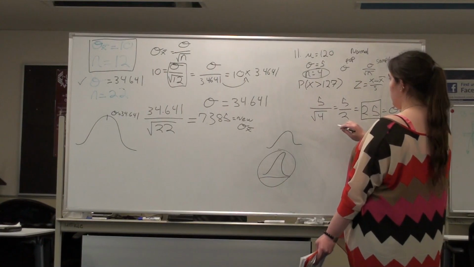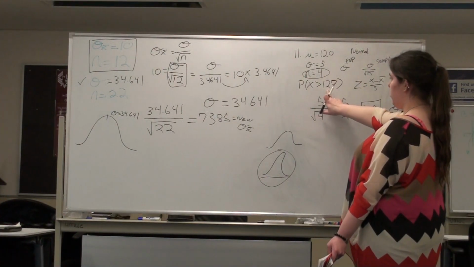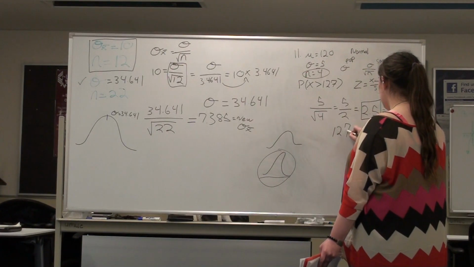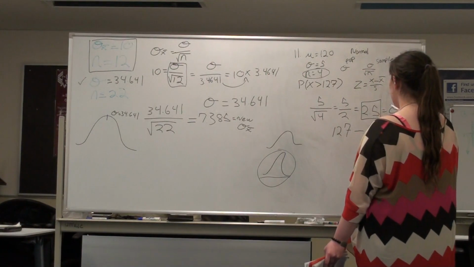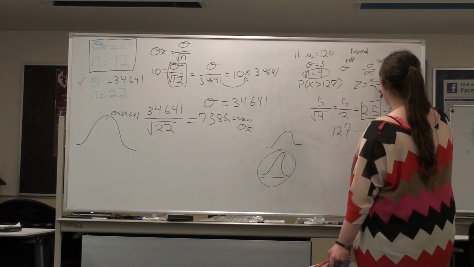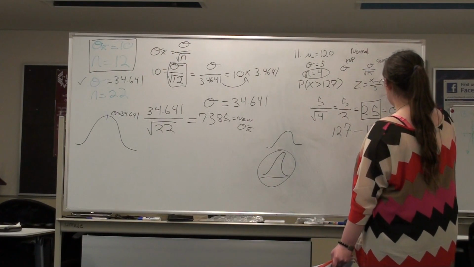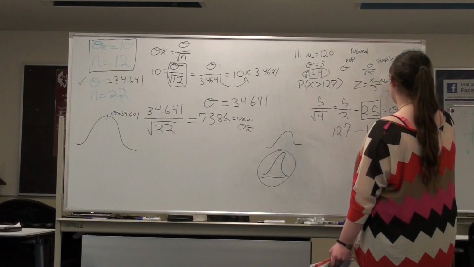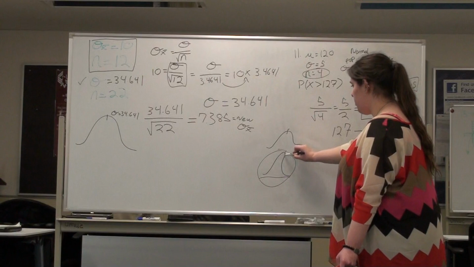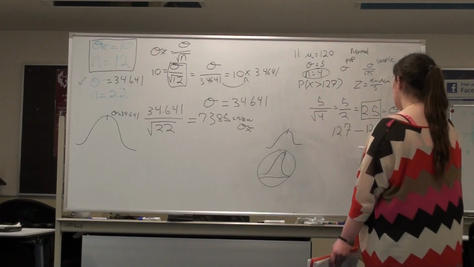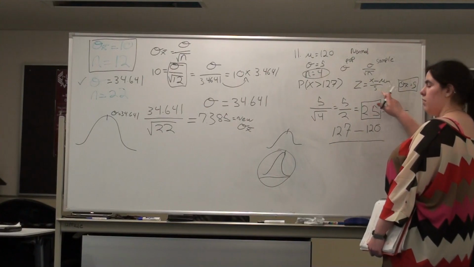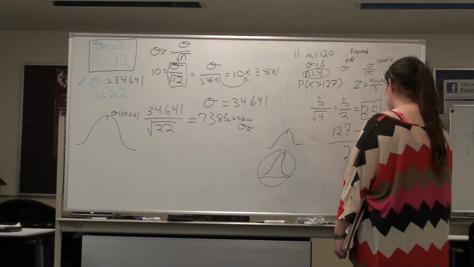So the number you're looking for is greater than 127. 127 minus 120, right? The mean is the same, so you don't have to change that one. Divided by, what's your new S here? 2.5.